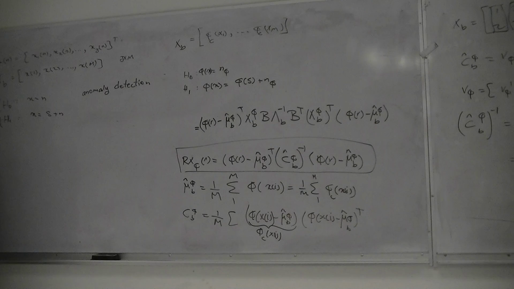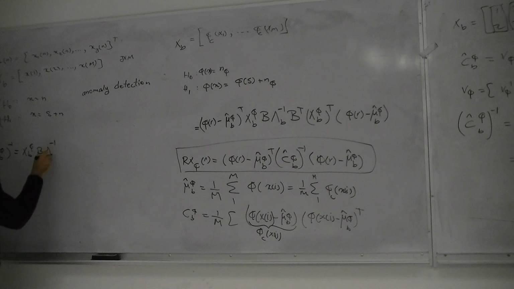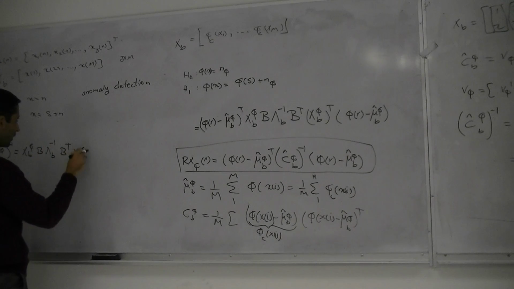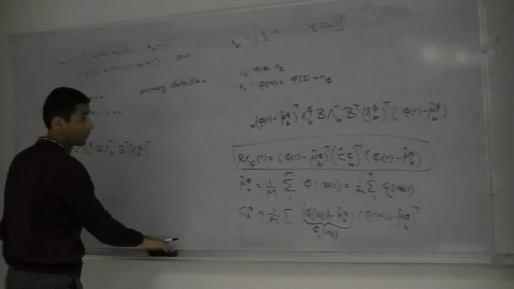We have C phi minus 1 as X phi, beta, the omega minus 1, beta transpose, X phi transpose.